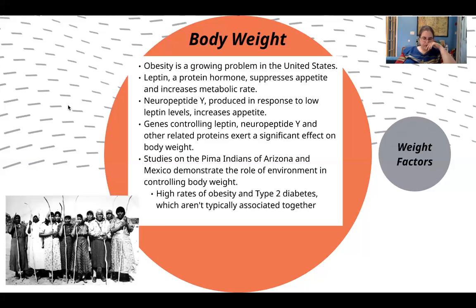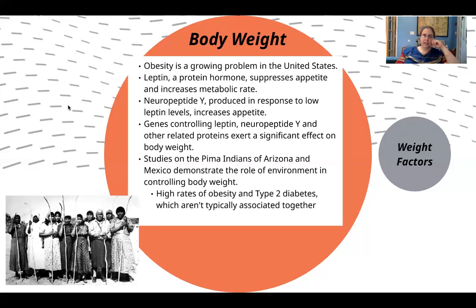However, let me rephrase that. So, if the genes that control leptin or neuropeptide Y or other proteins that are related to appetite and metabolizing, if those are different, then they actually can have a significant effect on body weight.